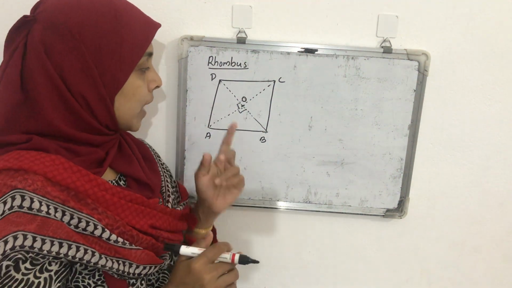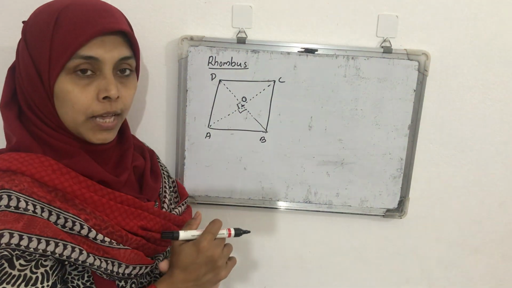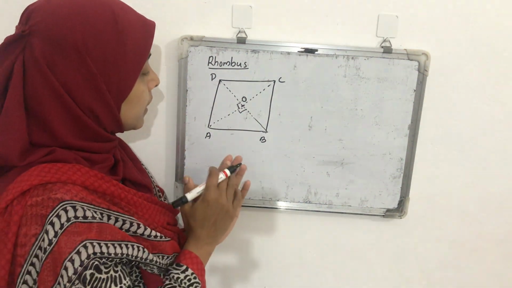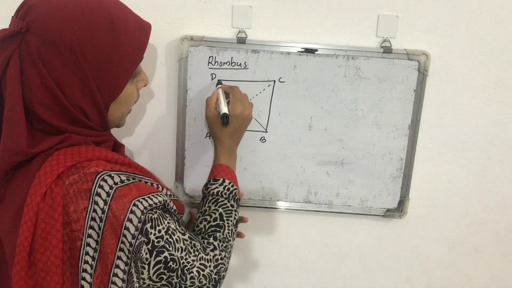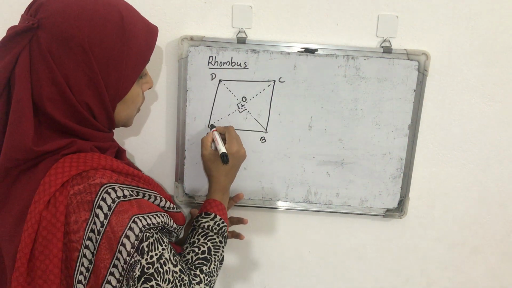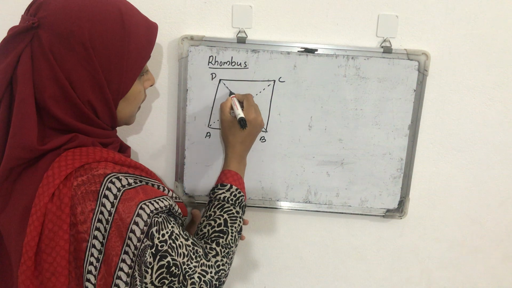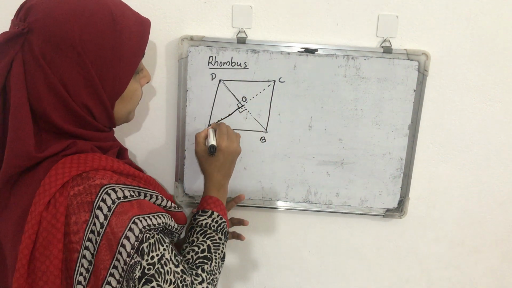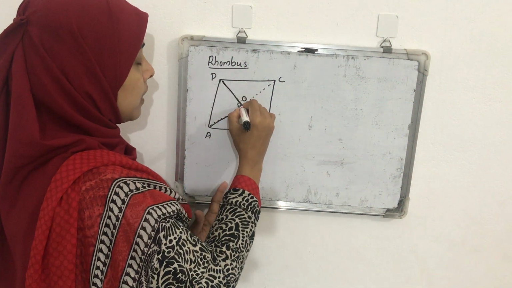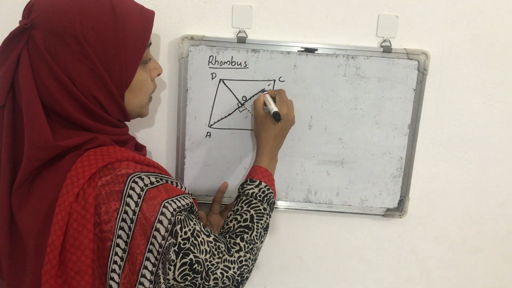How can we prove that these angles are right angles? For that we consider only two triangles: the first triangle AOD, and the second triangle DOC.